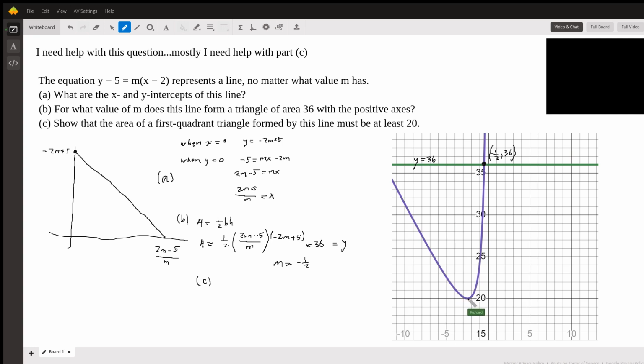So I'll just fill that in. That point is -5/2, comma 20. As I say, you could use a graphing calculator or an online grapher like the one I used.